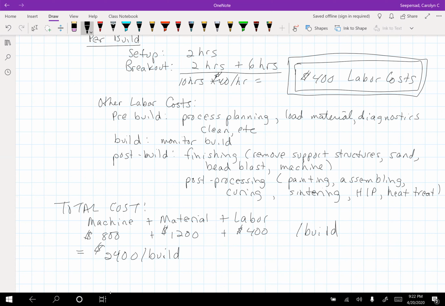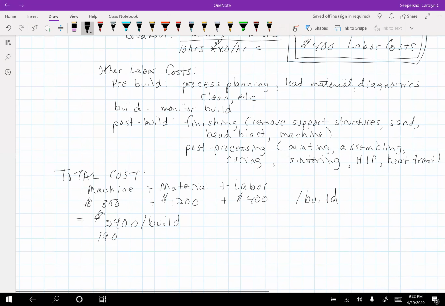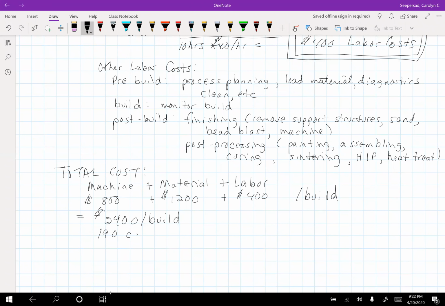Now, if we have 190 iPhone cases per build, then that amounts to about $12.63 per case. Okay, that's the cost.